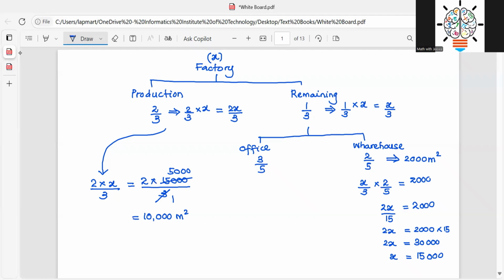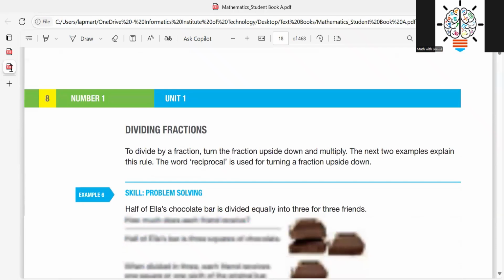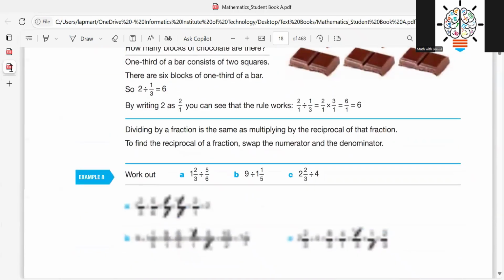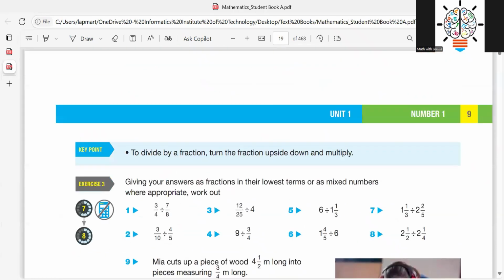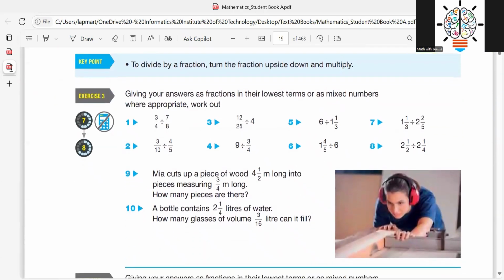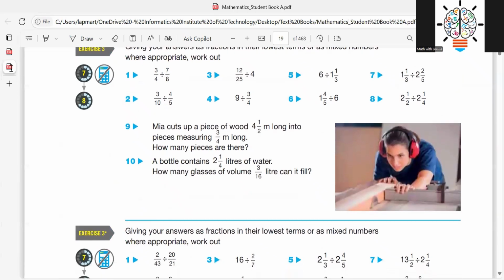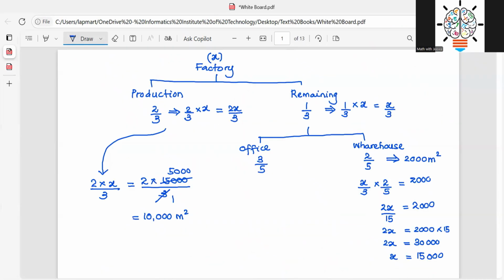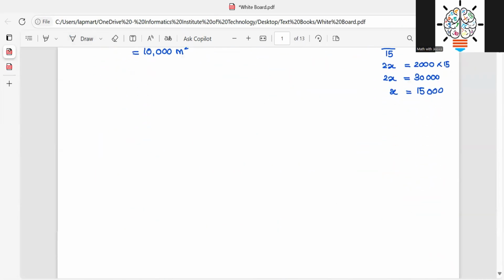So then we will move to the exercise 3. So while reading, now you just see what I'm doing, right?